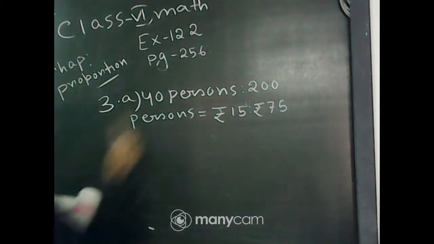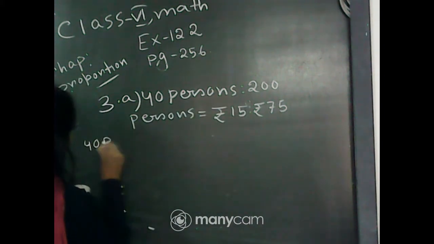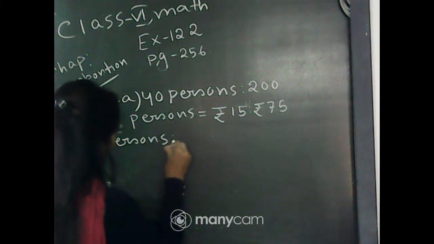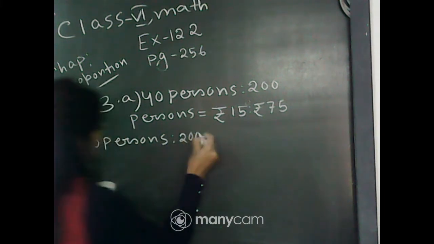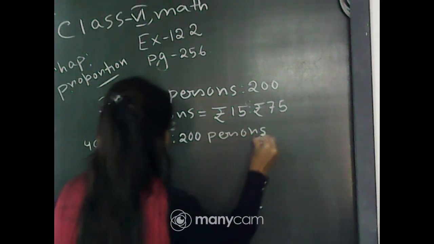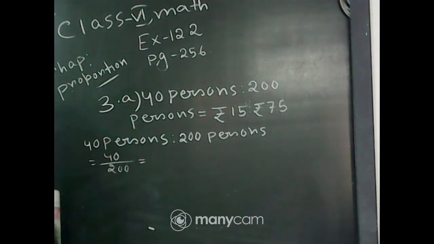For this, we first find the ratio of 40% and 200%. This is equal to 40 divided by 200. Now, HCF of 40 and 200 is 40.